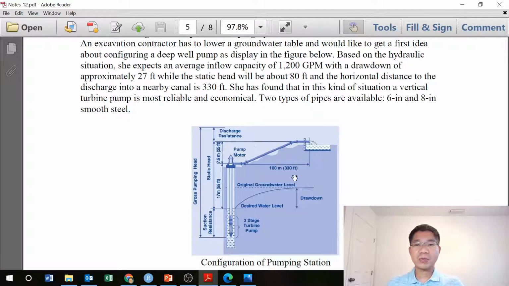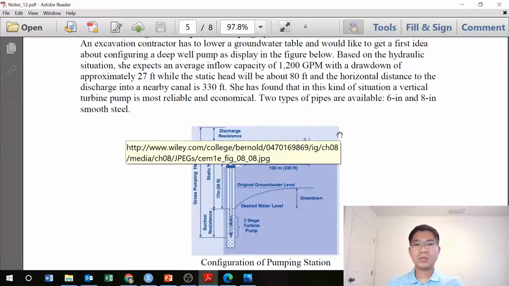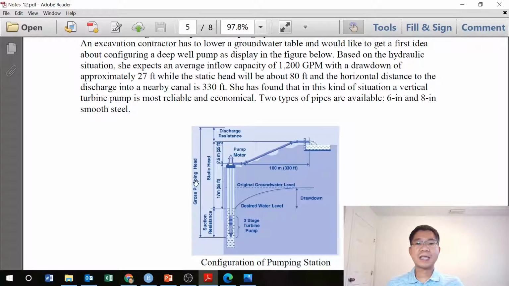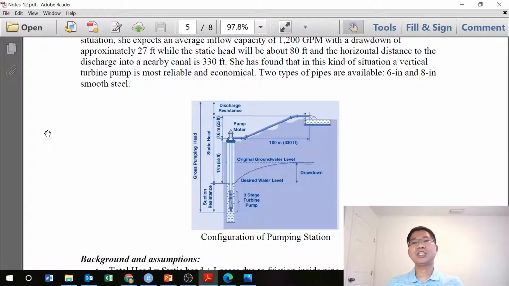So as you can see, that is 330 feet horizontal to the nearby canal, and the static head as shown in here. And then she has found that in this kind of situation, a vertical turbine pump is the most reliable and economical. Two types of pipes are available: 6-inch smooth steel or 8-inch smooth steel.